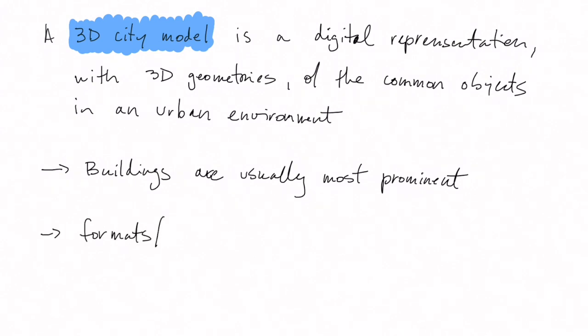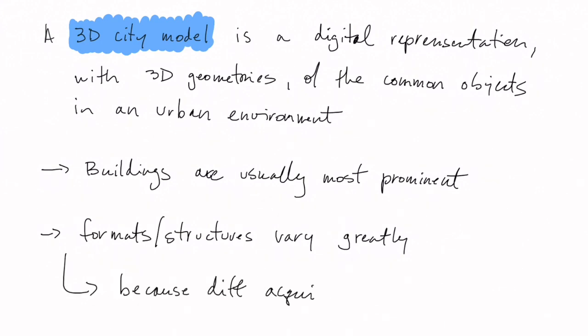What's very relevant in the context of this lesson is that the formats and the structures of 3D city models will vary greatly between datasets, if these datasets are from different cities or different countries, for example. And this has to do with the fact that many different acquisition and reconstruction techniques can be used to create 3D city models.